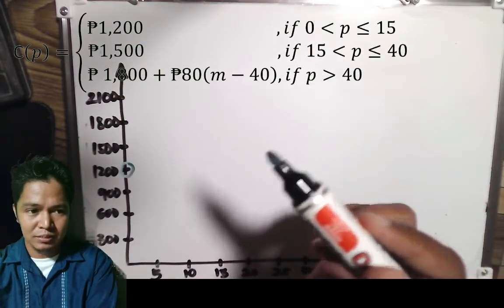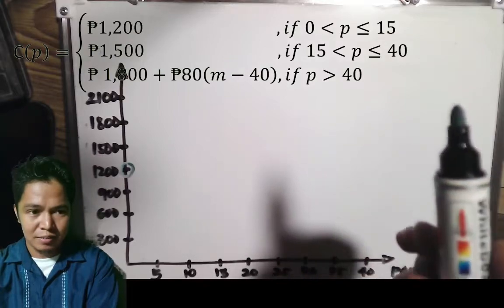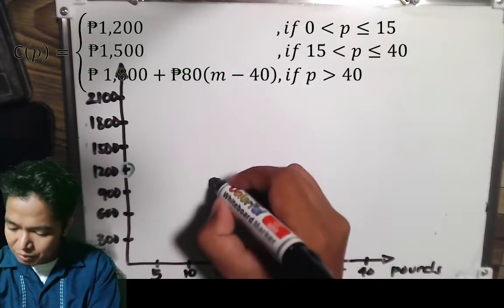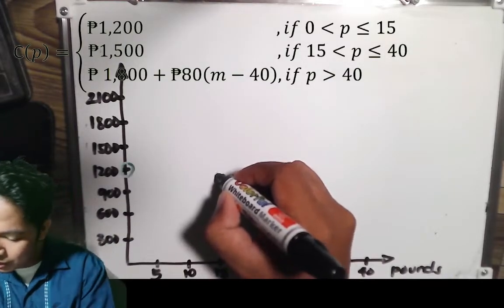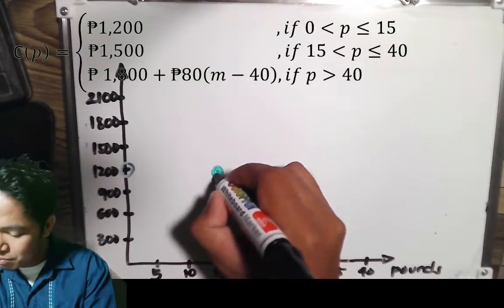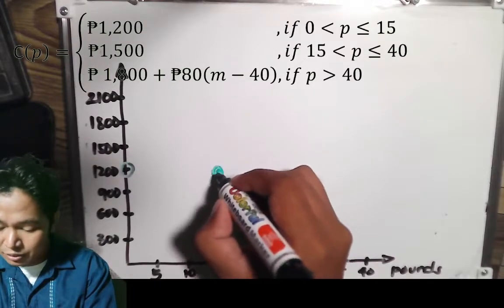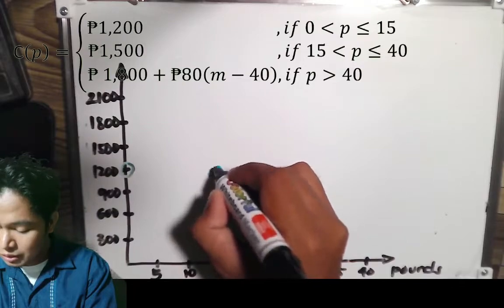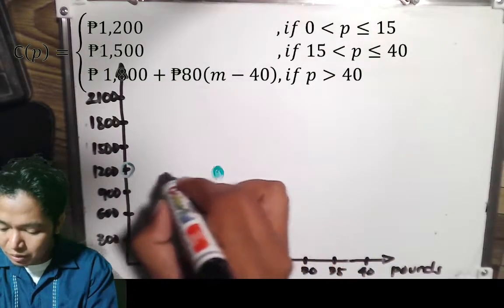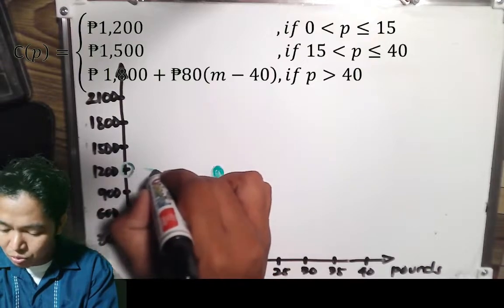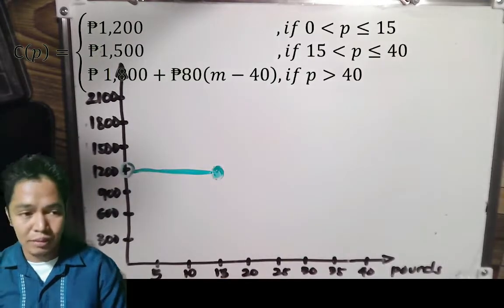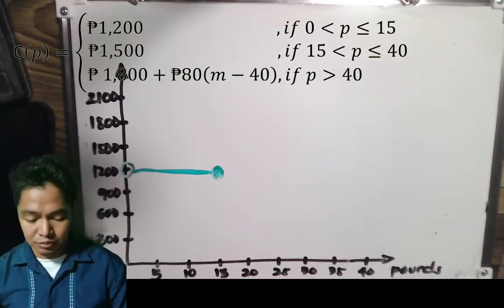Starting from 1 and onwards hanggang 15 tayo. So, hanggang 15. So, since kasama yung 15, kasi nga may equal sign, naka-close dot siya. So, from 0 to 15, ang cost niya is 1,200. So, yan yung representation natin ng first na function.